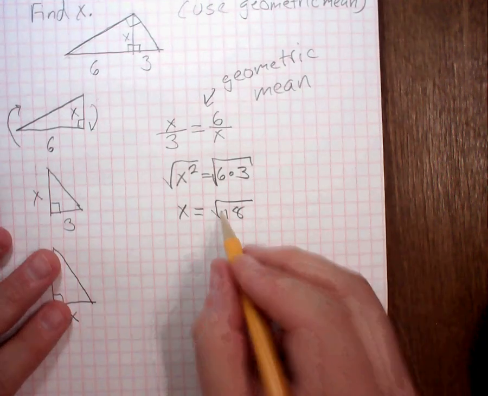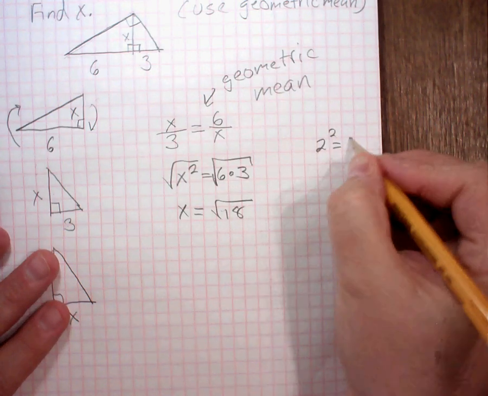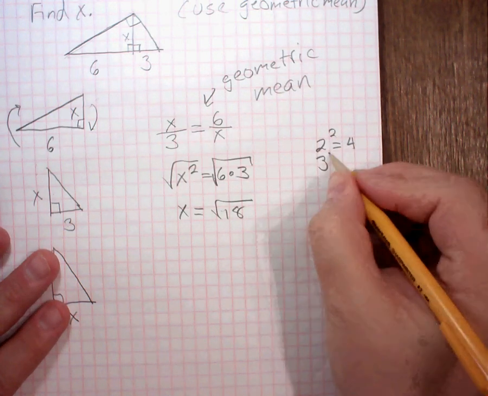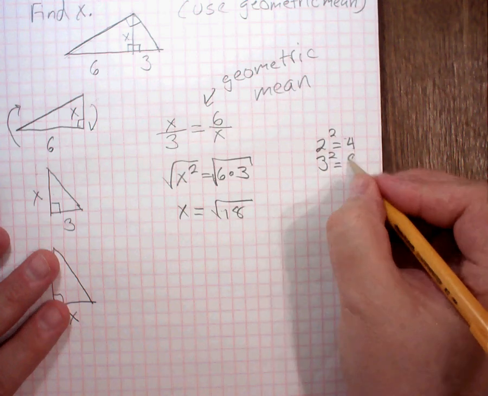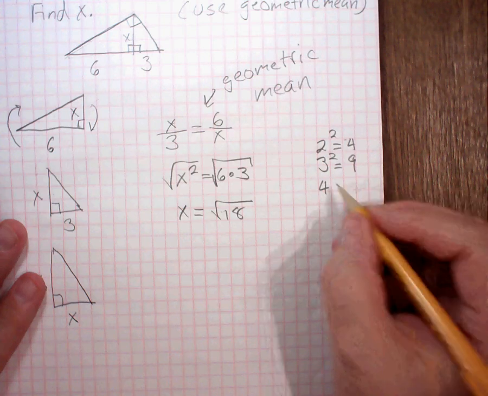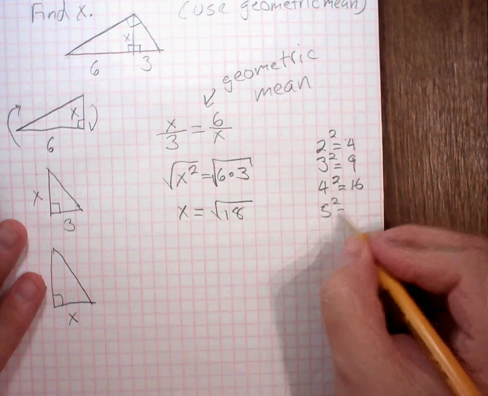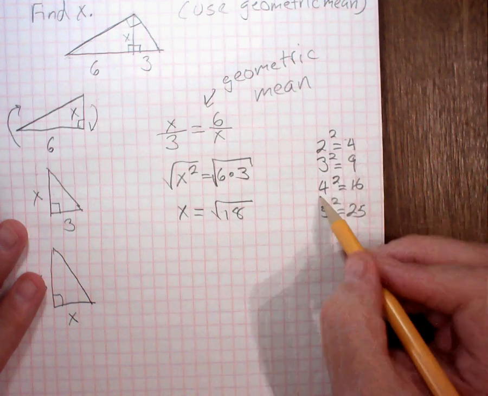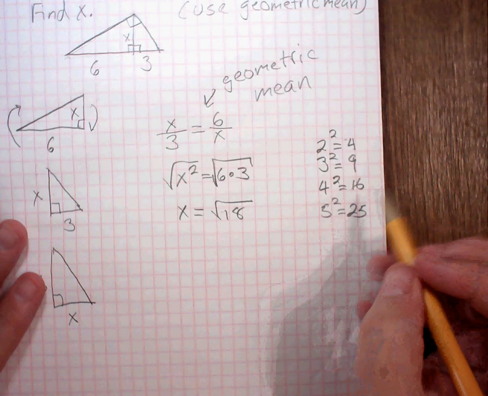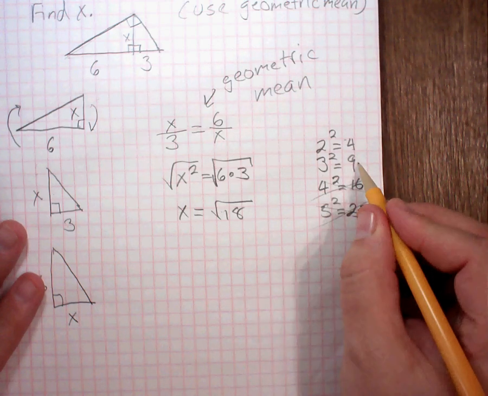Now, to simplify this, we need to think what perfect square goes into 18. So 2 squared is 4, 3 squared is 9, 4 squared is 16, and 5 squared is 25. 2 times 2 is 4, 3 times 3 is 9, 4 times 4 is 16, 5 times 5 is 25. So this is too big, this doesn't go into it, but 9 goes into it 2 times.